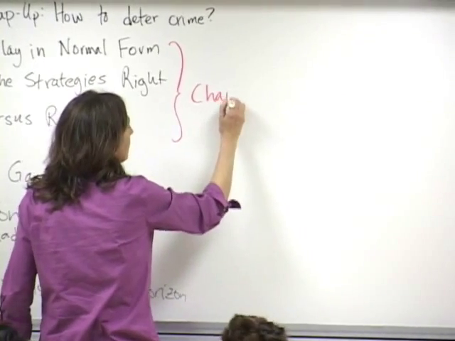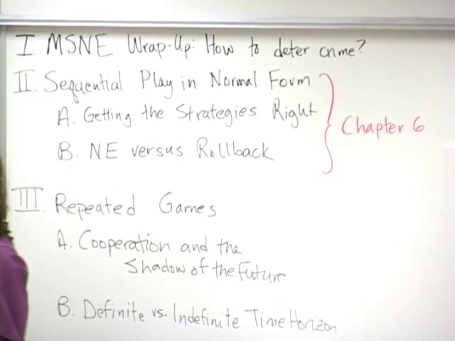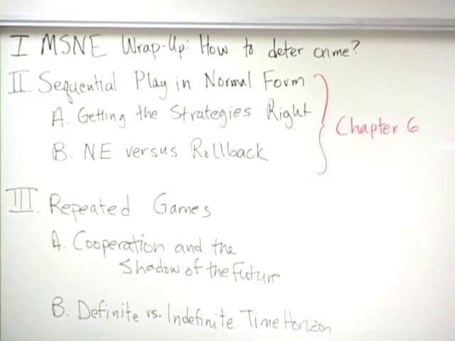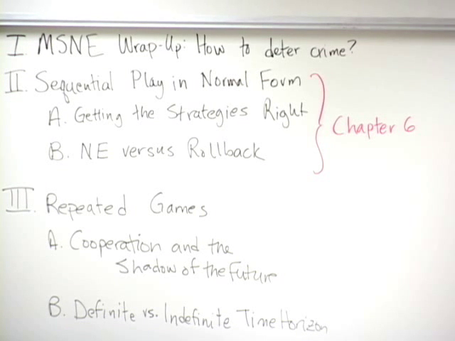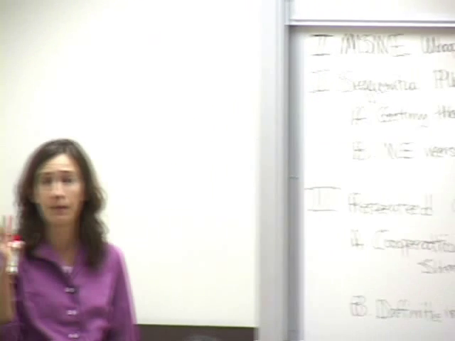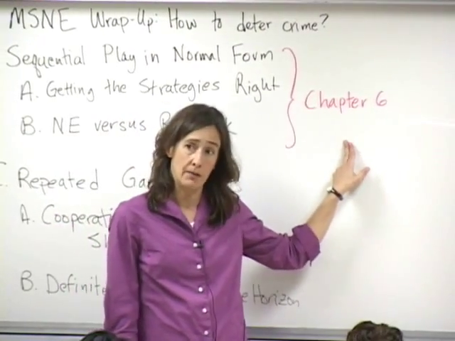Most of chapter 6 is easy stuff. I was going to say it's one of the easiest chapters. Chapter 6 does not introduce a lot of new material. Okay? So if you're feeling like you'd like some reinforcement for the topics that were covered in chapters 3 and 4, chapter 6 ties a lot of it together.